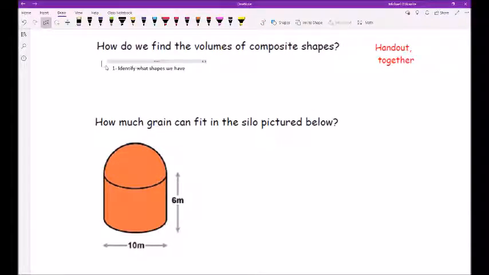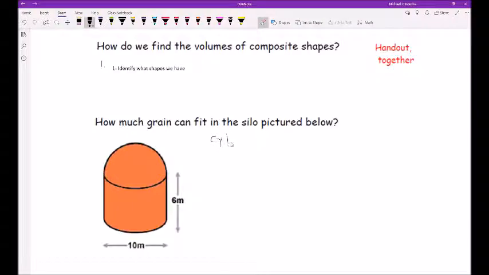So the very first thing you do is identify what shapes we have. In the case of the silo below, what shapes do we have? If I had to go one shape and two shapes, what are the two shapes we have? A cylinder, good.